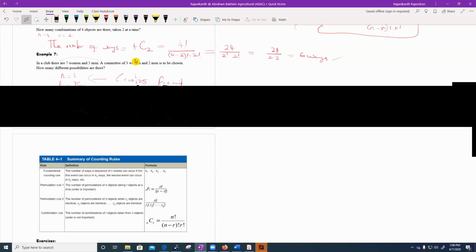Then you need to go for the combination formula. So you have to combine both this time because you are performing more than one event.